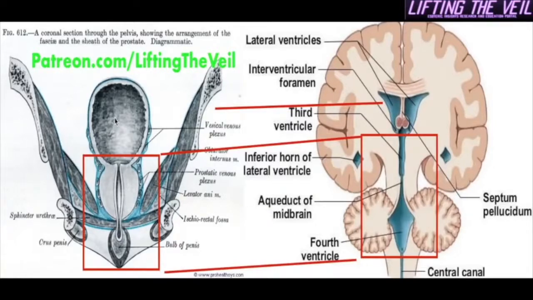You can see the prostate area cross-section here penetrating down, just as the lateral ventricles penetrate down to the third ventricle, down to the fourth ventricle. So again, you can see the bulb of the penis and the bulbous fourth ventricle down towards the brain stem, towards the cerebellum down here. Although it's not identical, you can see the resemblant structure.